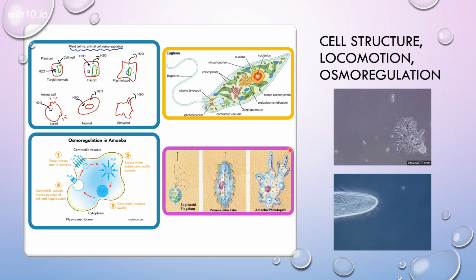And the next feature of the kingdom Protista is that they have the ability of osmoregulation. So you have already learned that normally if a cell is placed in a normal solution, it should remain intact like this.